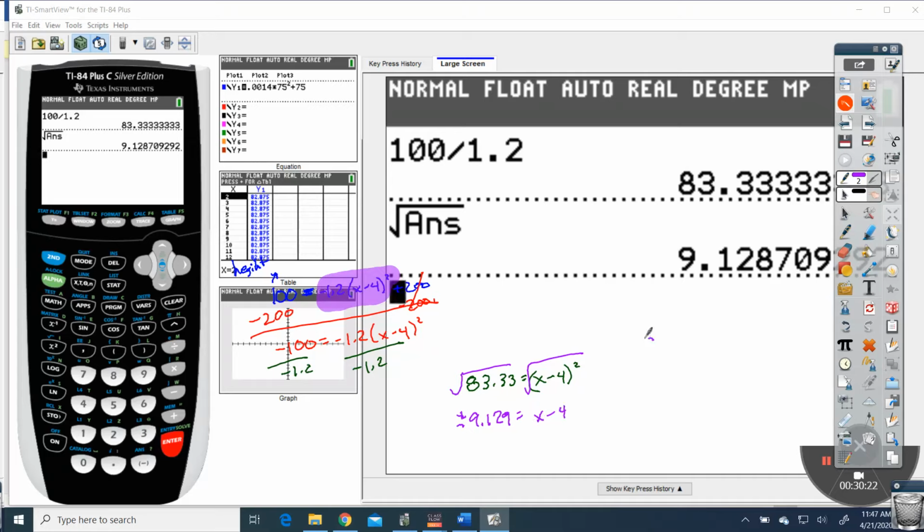So what I really have is 9.129 equals x minus 4, and negative 9.129 equals x minus 4. Now I'm going to add 4 to each of those. So that happens at 5.124, negative. Something seems wrong with that. Hold on, somewhere I've made a mistake. Just a minute.